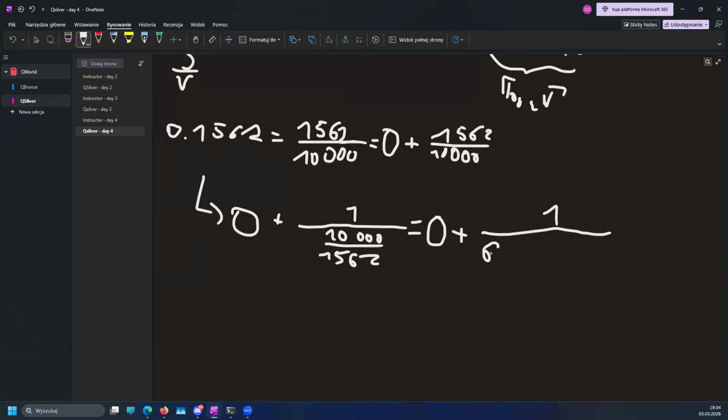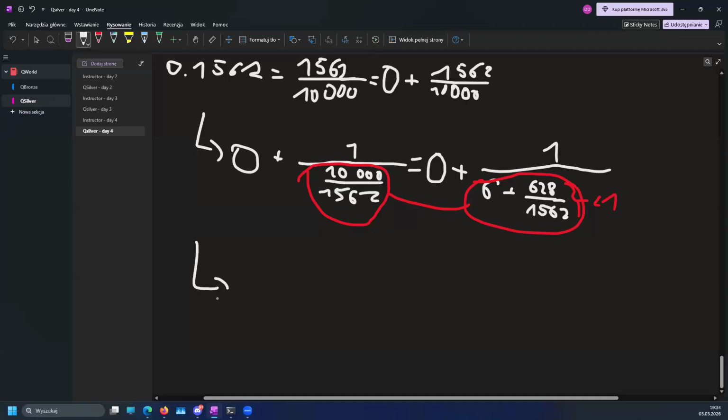So it will be, I have here already calculated it, 6 plus 628 divided by 1,562. So this thing we expressed in that way. And here again, we are left with some fraction that is less than 1, and here is some integer. And now we repeat the procedure.